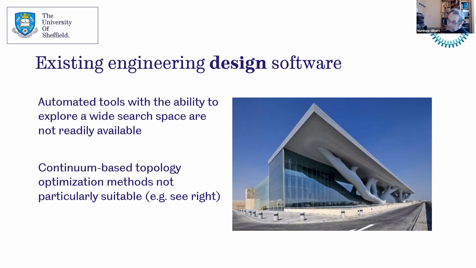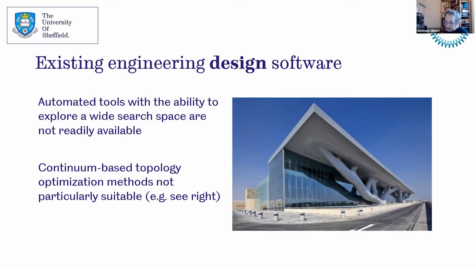So the idea with such a tool is that you specify the design space, you specify where potential supports might be, what the loading is, and then you chip away at the original design space to reveal a residual structure like the one shown on the right.